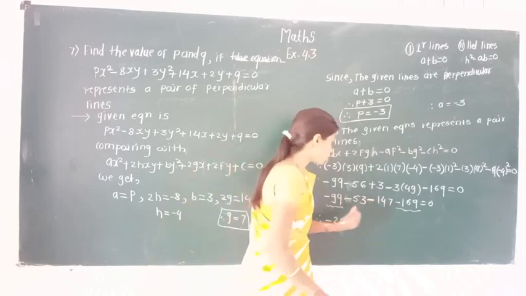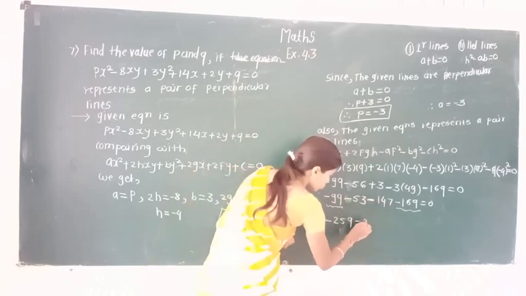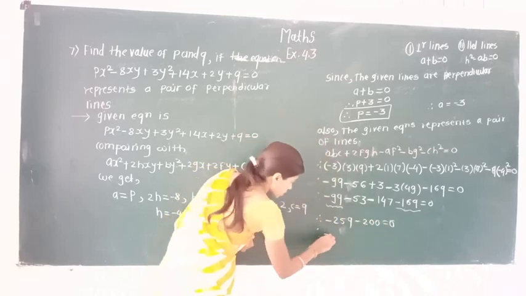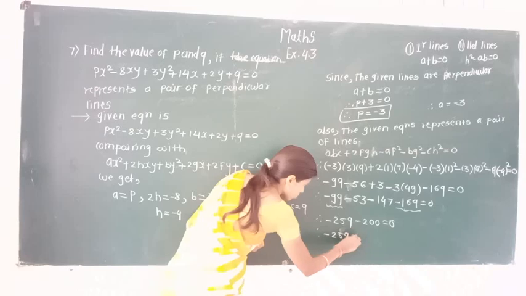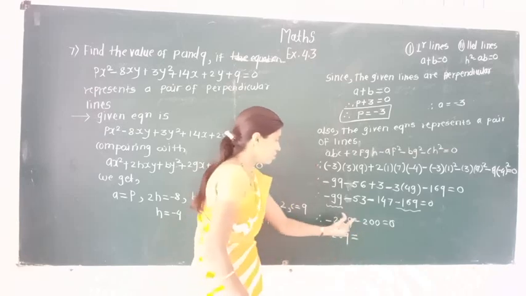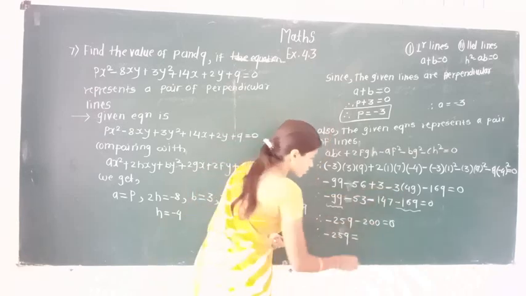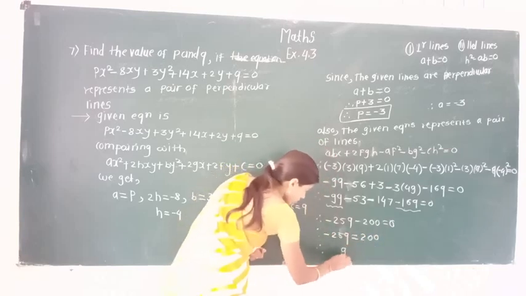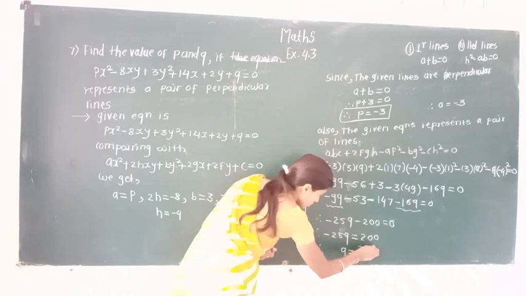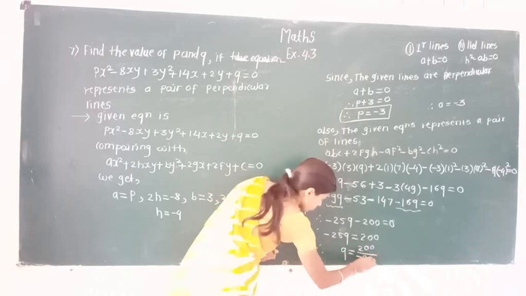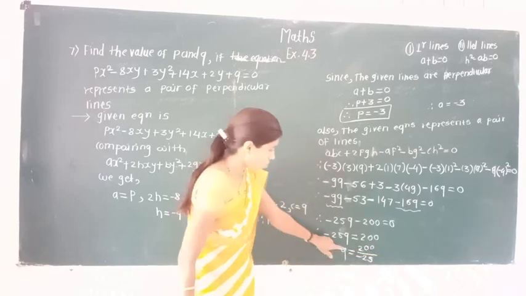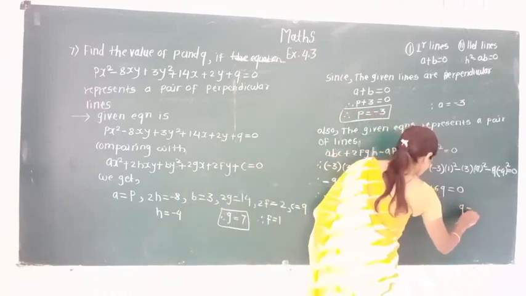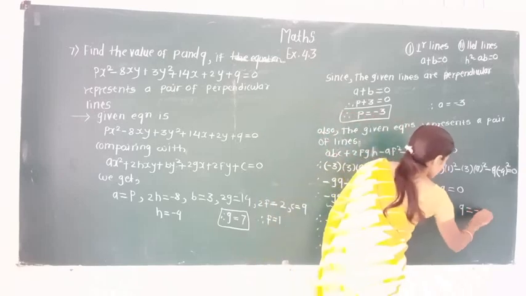Then sum of these two terms get here minus 200 is equal to 0. Now take minus 25q is equal to, transform minus 200 to the right hand side, we get here 200. Now after simplifying this, we get q is equal to 200 divided by minus 25. Okay. Now simplify this, we get q is equal to minus 8.